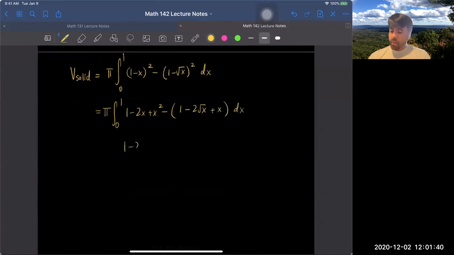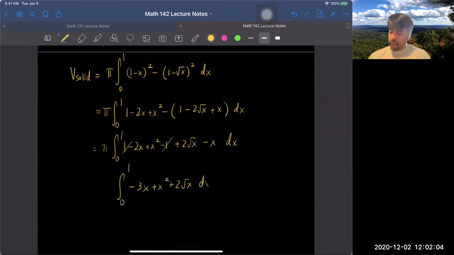This would be 1 minus 2x plus x squared minus 1 plus 2 rad x minus x dx from 0 to 1 of pi. So the ones here cancel. The negative 2x and the minus x becomes minus 3x plus x squared plus 2 rad x. And I'm evaluating this from 0 to 1, dx, pi.